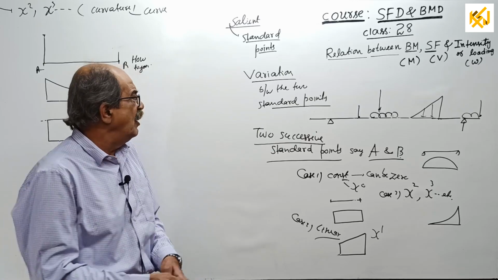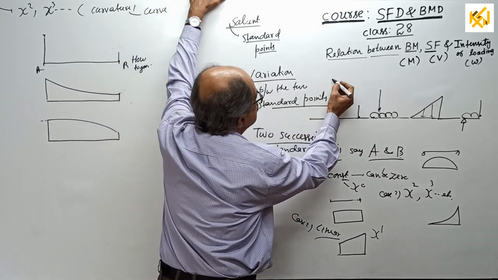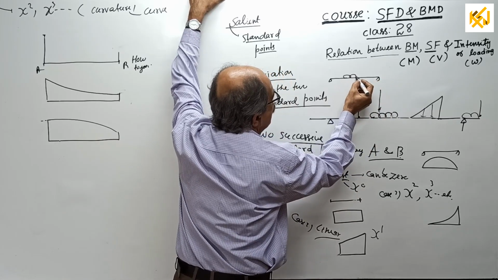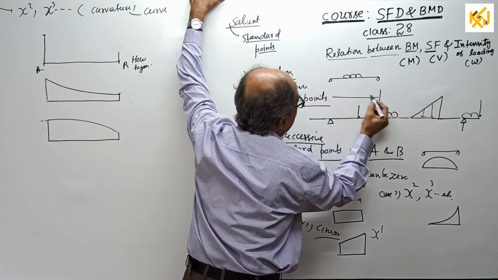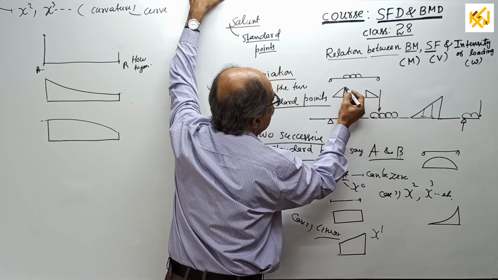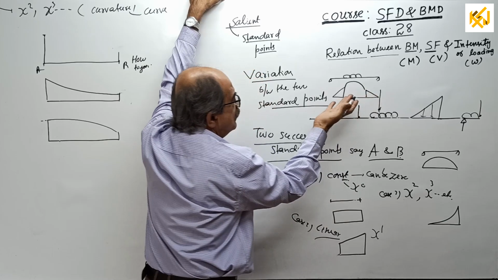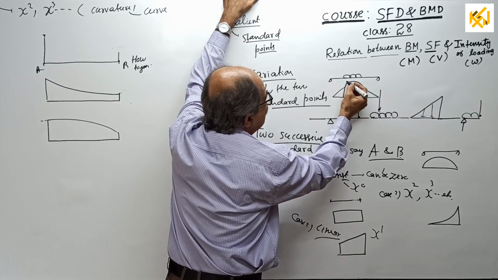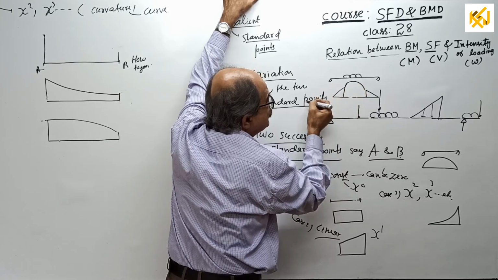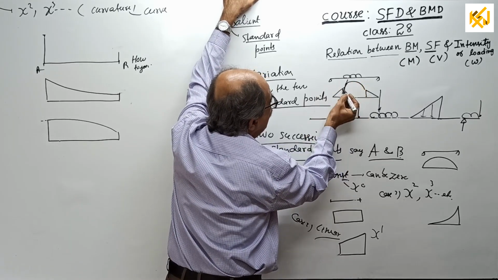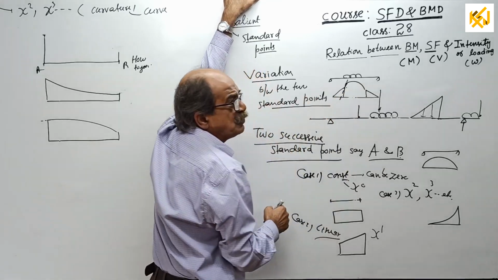When BMD is drawn, I'll give a small example for you. I have seen people drawing BMD. The shape of the curve is correct, but it looks very ugly because this is a tangent here, and the slope and the slope will not match.